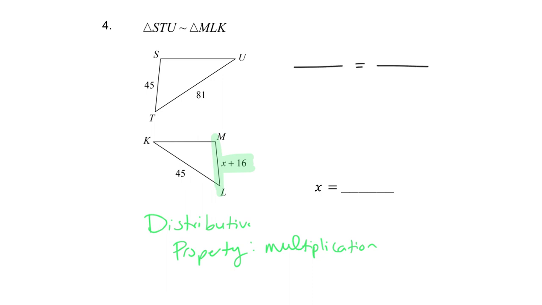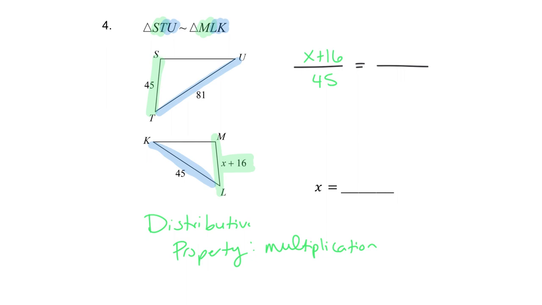Now, I know that ML is going to be similar to ST. So I will put my x plus 16 in the top still, and my 45 in the bottom. And 81 and 45 go together because KL and TU are similar.